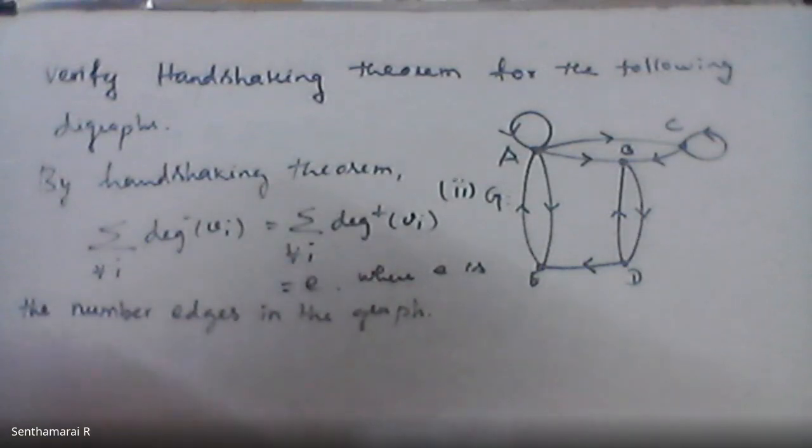For that, we have to write the in degree and out degree of each and every vertex. We can start with A.